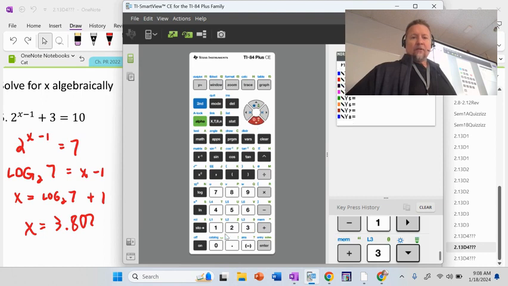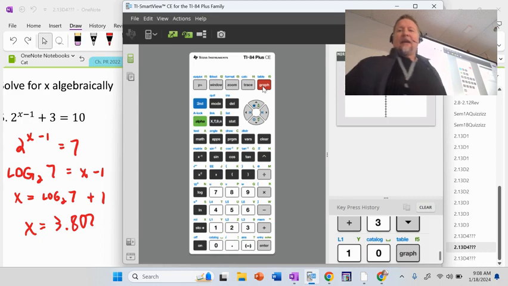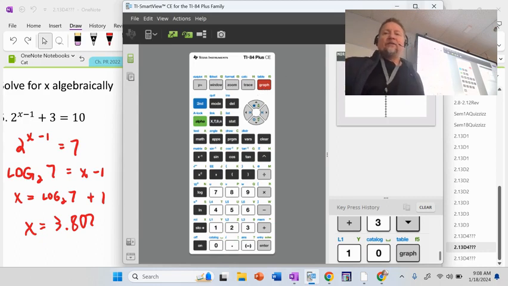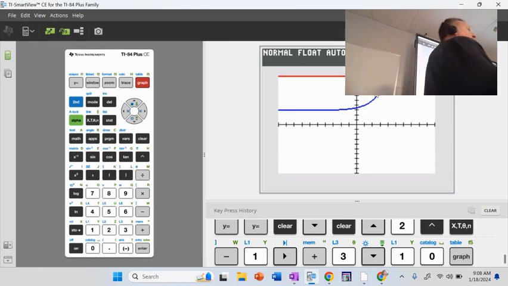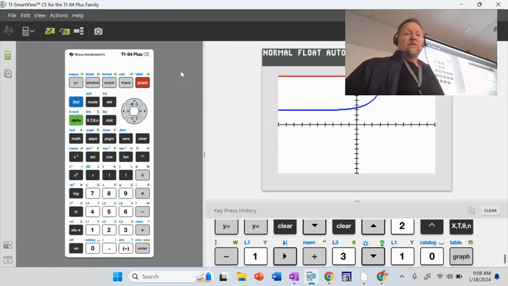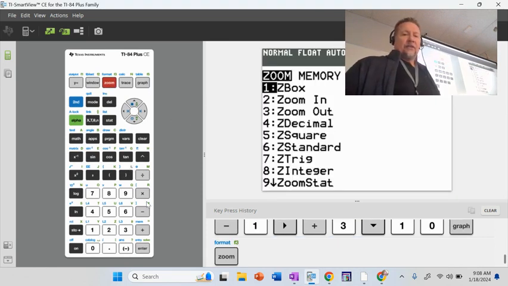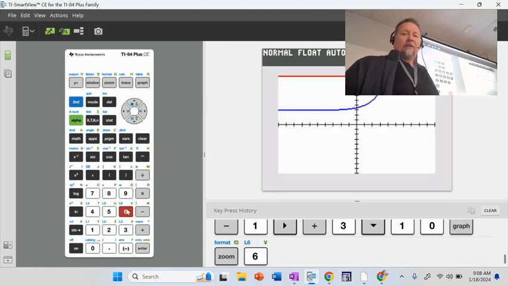All right, plus 3, and then someone about ready to pass out. Huge yawn. Okay, and then I want to go ahead and zoom this out so I could see. And I probably should have adjusted my window a little bit. But Y equals 10 is right on the edge of zoom standard.